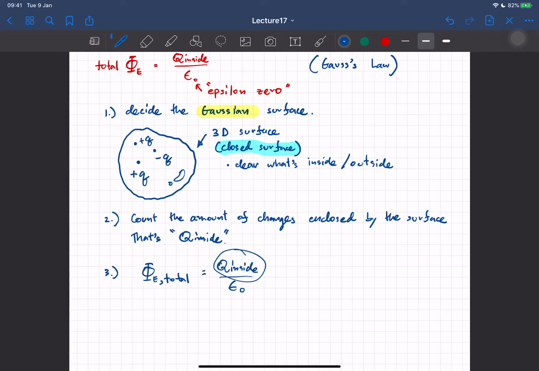So this is fine, we know what it means. And this epsilon 0 is a constant, so it's just a number. So this one is the total electric flux through the surface that you chose in the first step.